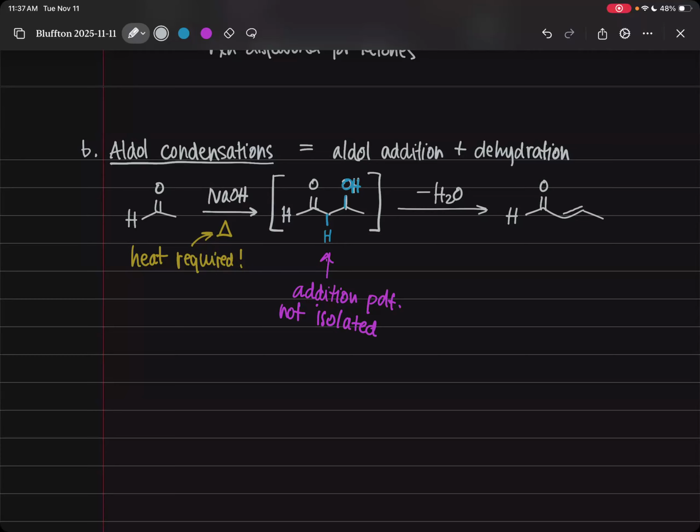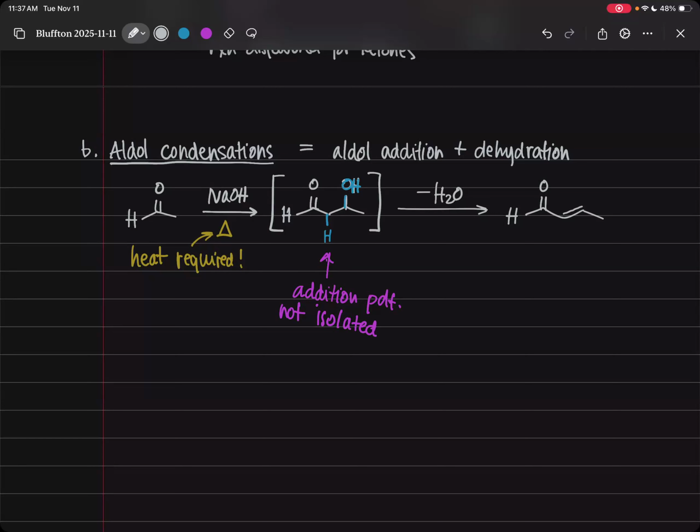So look at the position of the double bond. We have a carbon-carbon double bond on the right. And look at the distance between this carbon-carbon double bond and the carbonyl. What is the relationship between those two double bonds?